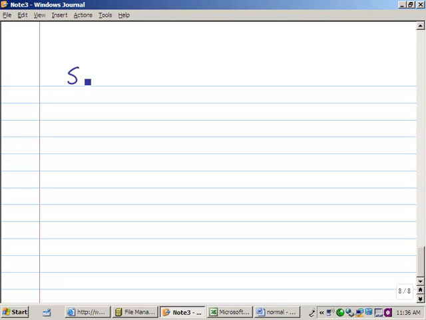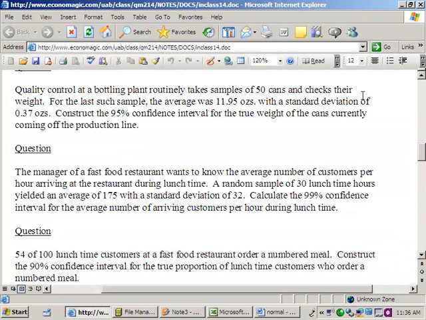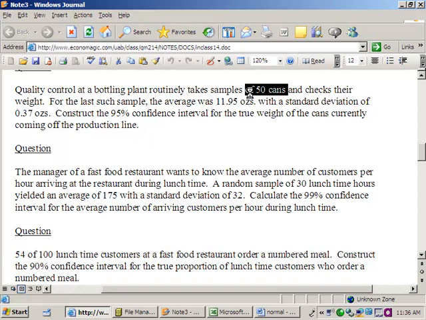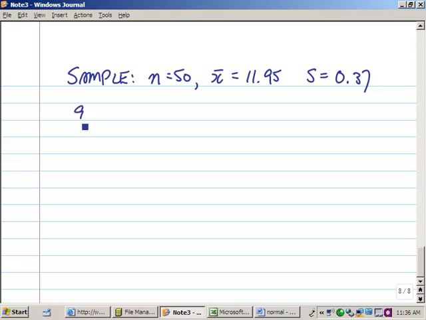Alright, so sample data: n is 50, sample average 11.95, and sample standard deviation 0.37. There's your sample average, sample standard deviation, and sample size, and we want a 95% confidence interval.